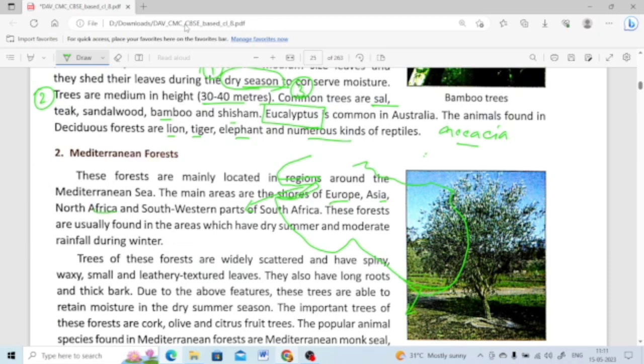Europe, Asia, North Africa, southwestern part of South Africa, we can see Mediterranean type of forest. So location is done.